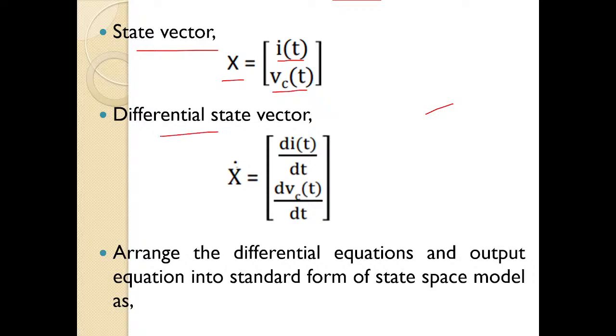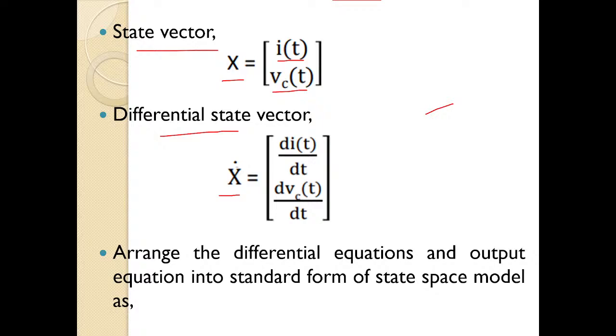Now just take the differentiation of this. First order differentiation, x dot is equal to d by dt of I of t and d by dt of Vc of t. So here two variables are there, two storage elements, two stored variables. Those are I of t and Vc of t. So x is equal to I of t, Vc of t, and x dot, that is d by dt of x, is d by dt of I of t, d by dt of Vc of t.